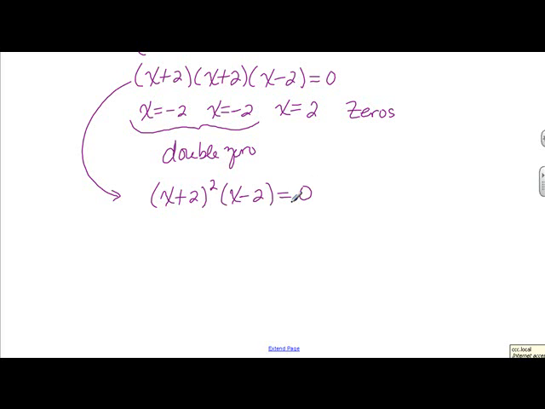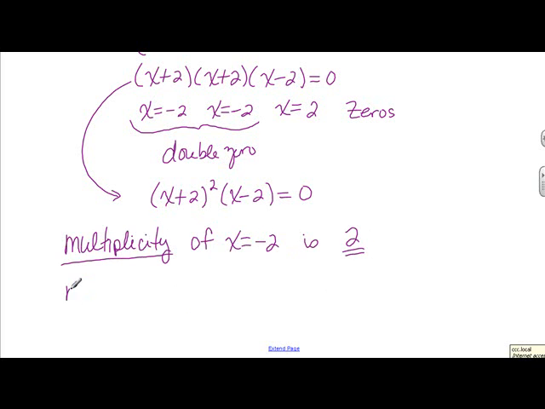That also tells us that the multiplicity of the 0, the multiplicity of x equal negative 2, that double 0, is 2. The multiplicity of the 0, x equal positive 2, is 1.